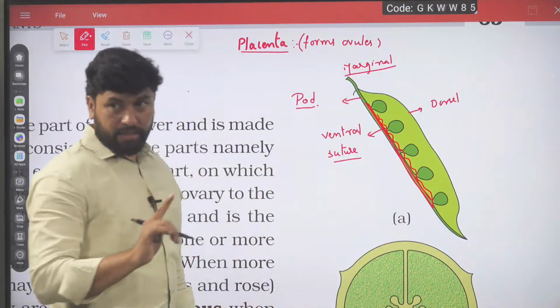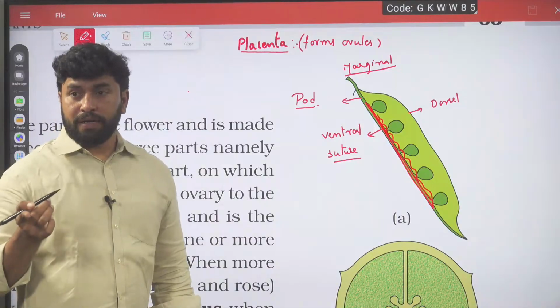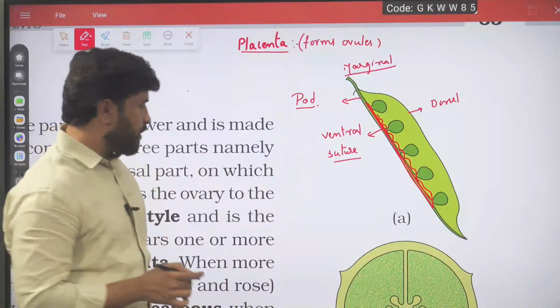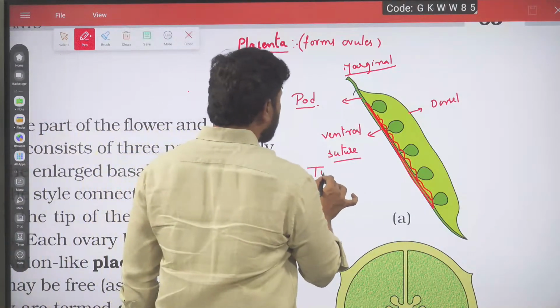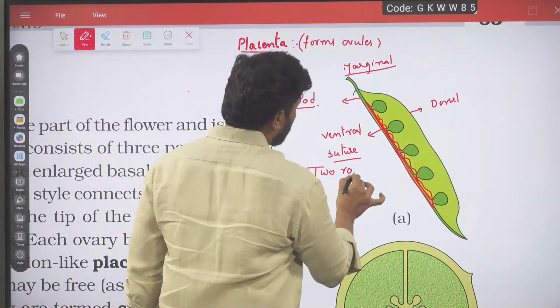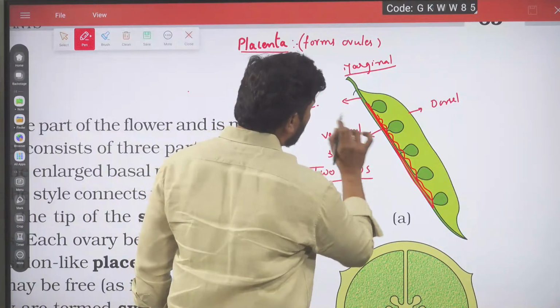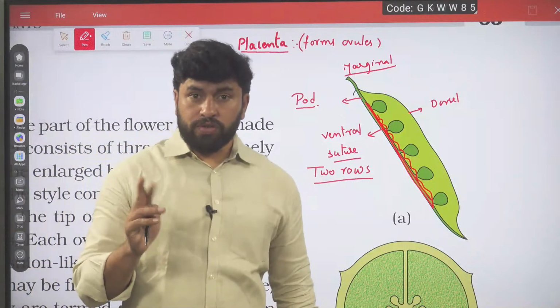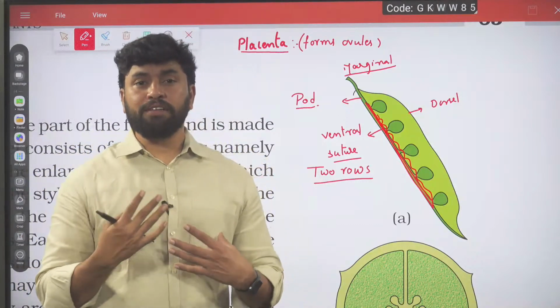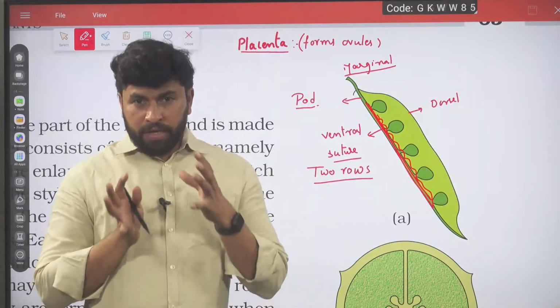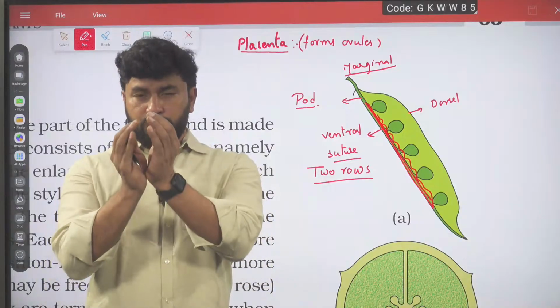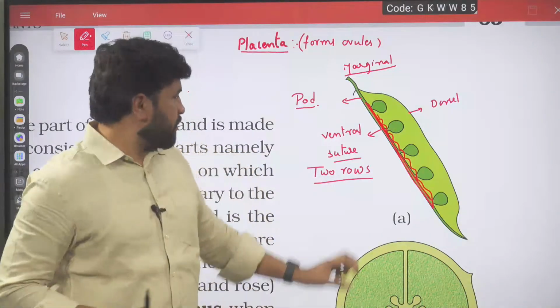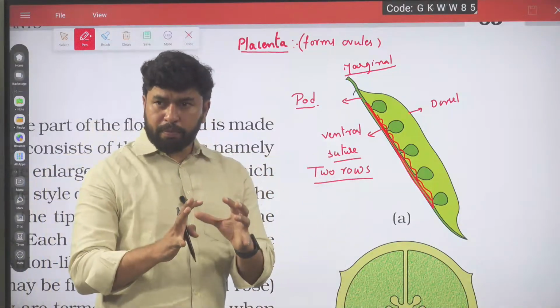On the placenta, which is present at the ventral suture or ventral side, the seeds develop in two rows. It's not one row. They develop in two rows. This phenomenon is called marginal placentation. In this, the fruit is unilocular. Unilocular means only one chamber is present inside.